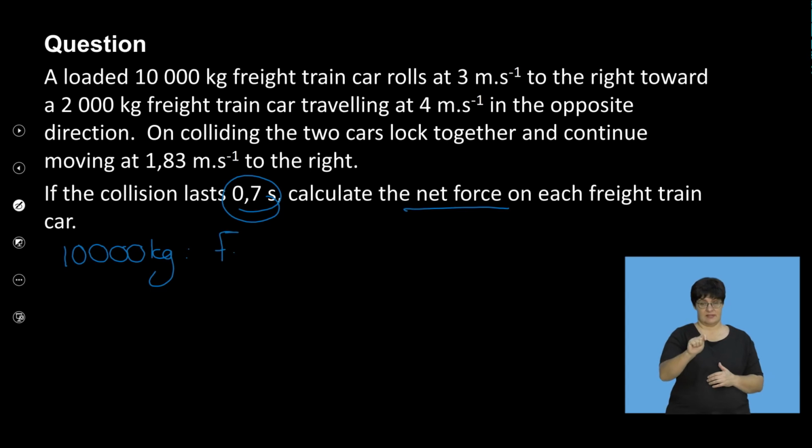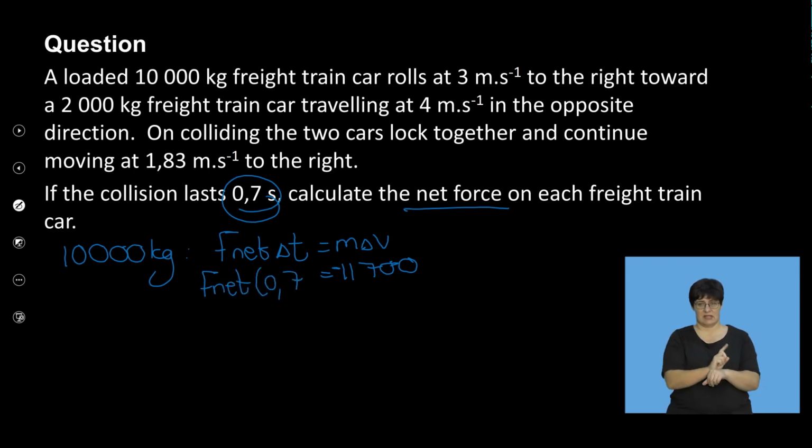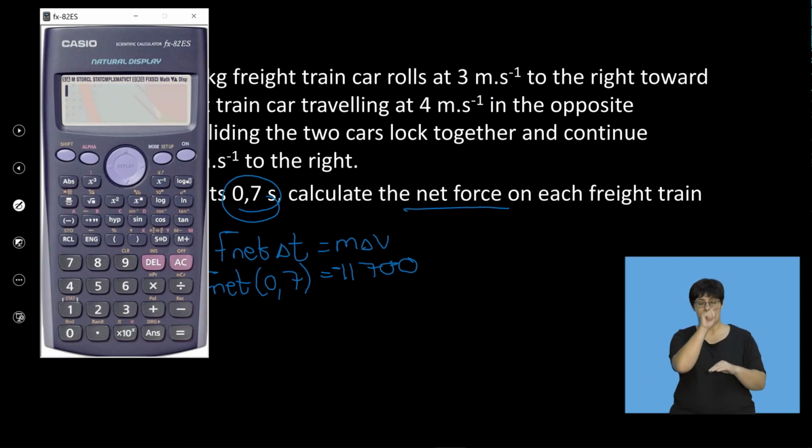We want F net delta T equals M delta V. Now we know on the 10,000 kilogram train, it was 11,700, but it was to the left, so this is minus. You can't leave that out. We want F net times 0.7 seconds. Definitely need to use our calculators. I'm going to divide by 0.7 on both sides.